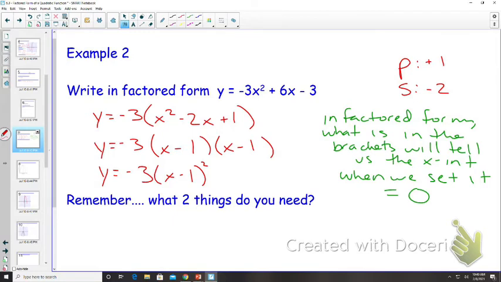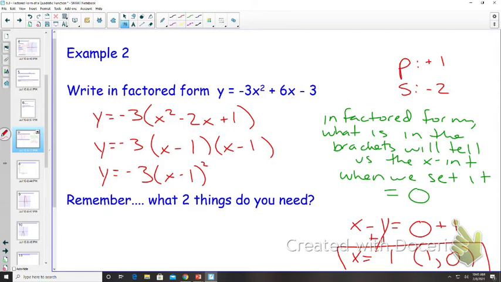Okay, so in factored form, what is in the brackets will tell us what the x-intercept is when we set it equal to 0. So for example here, x minus 1 is equal to 0. Well, if I just get x by itself, plus 1 on both sides, x equals 1 is our intercept.